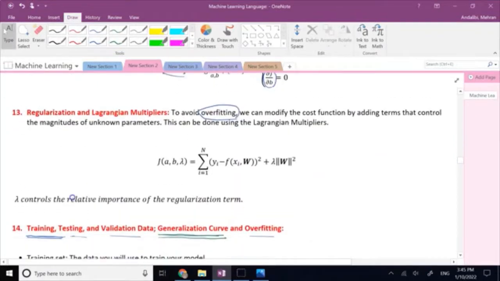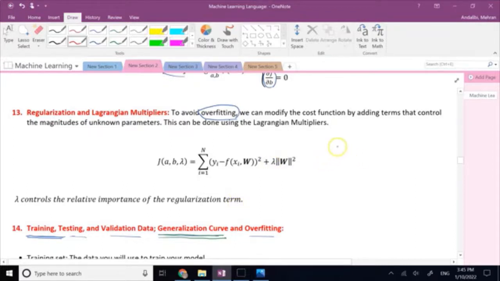Now going back to topic 13, one of the methods that you can use to avoid overfitting is you can bring down the magnitude of some of the coefficients, some of the weights, some of the unknown parameters. What do I mean by that?